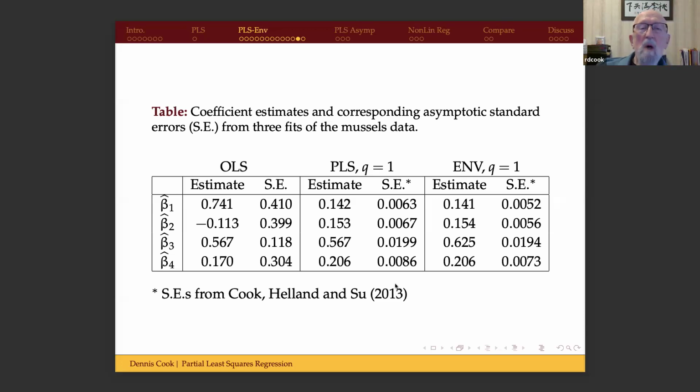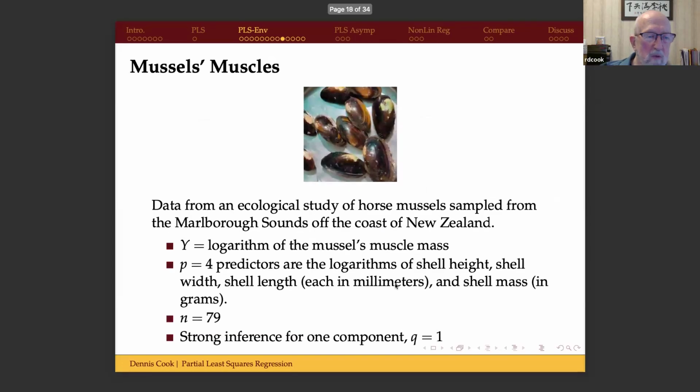If you're going to do maximum likelihood, you can use BIC or AIC, and you can do model averaging to get Q. All of those things tend to give you exactly the same bit of information if the inference on Q is strong. If the inference on Q is weak, then you're going to pay a substantial price. That's why I said in one of the other slides, strong inference for one component Q.